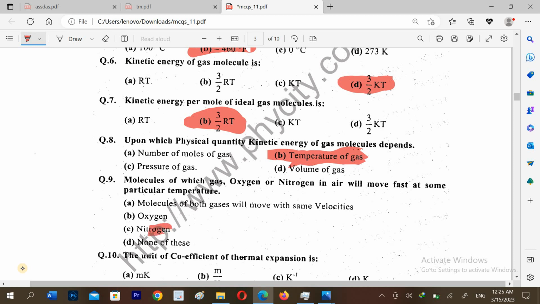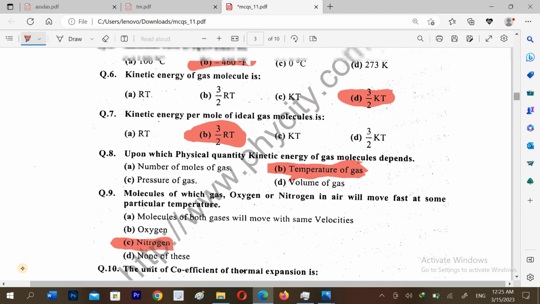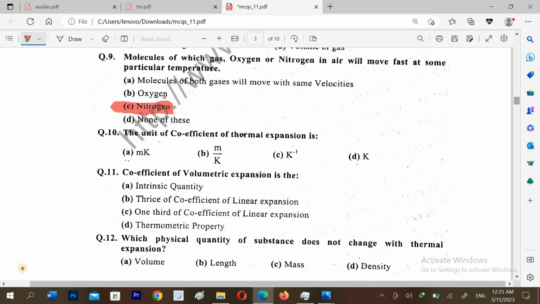C. The unit of coefficient of thermal expansion is... C. Coefficient of volumetric expansion is the... B.